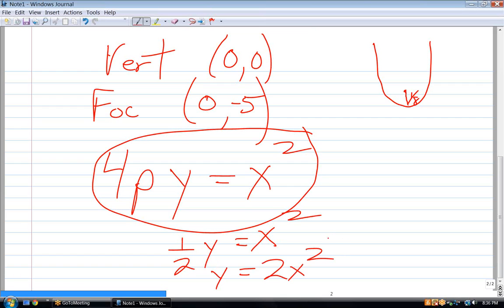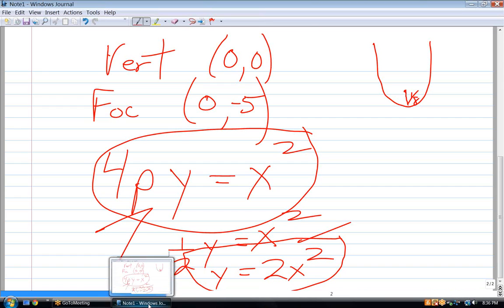When they're going the other way, they're most likely going to give it to you like that. So you have to make sure that you take that equation they give you and get it into this format by dividing both sides by 2. In other words, we've got to get it into some number in front of the y equals x squared, and then p is the focal length that they've given us.